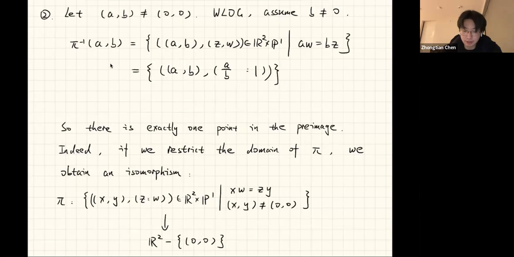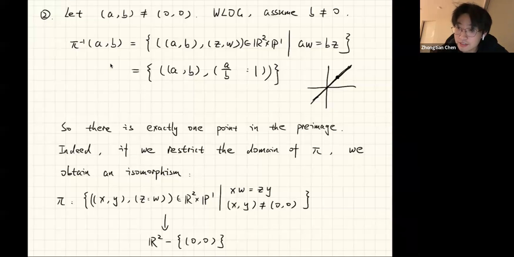The first coordinate is determined by the point, and hence the second coordinate is determined as well. So you take a point in the plane, and you associate it with the direction of this line. You take a point, then this point and the origin will determine a line, and that's a point in P1. That's the point you take for the second coordinate. Make sense? Any question?